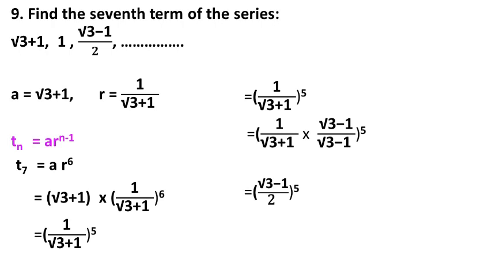That value will be equal to 3 minus 1, which is equal to 2. Root 3 minus 1 by 2 whole to the power of 5. So 1 by 2 to the power of 5 can be represented as 1 by 32. Keep root 3 minus 1 to the power of 5 as it is.